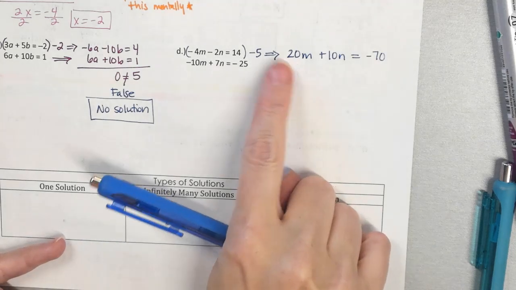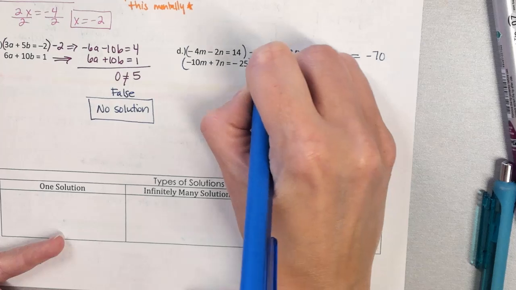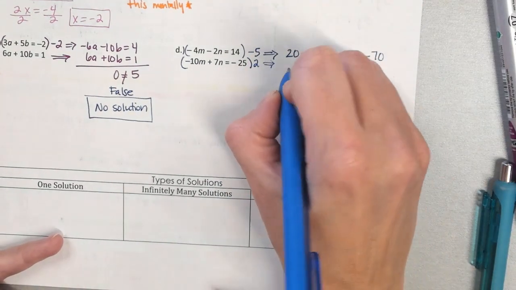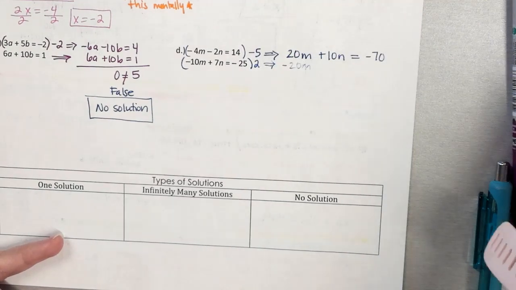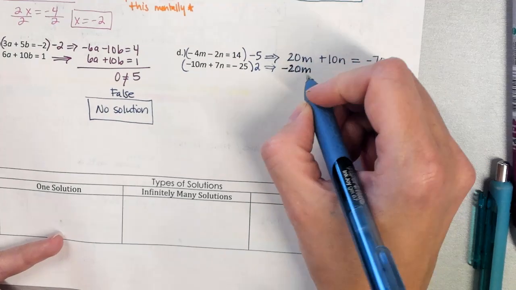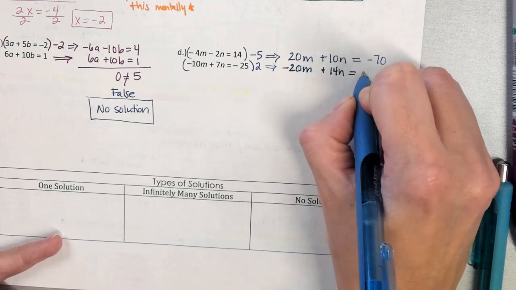So if this is positive 20, I want this to be negative 20, and I can multiply by just 2. Then I have a negative 20. If you forget to do that, then you actually double the value instead of cancel it out. So that's just where you want to be careful.